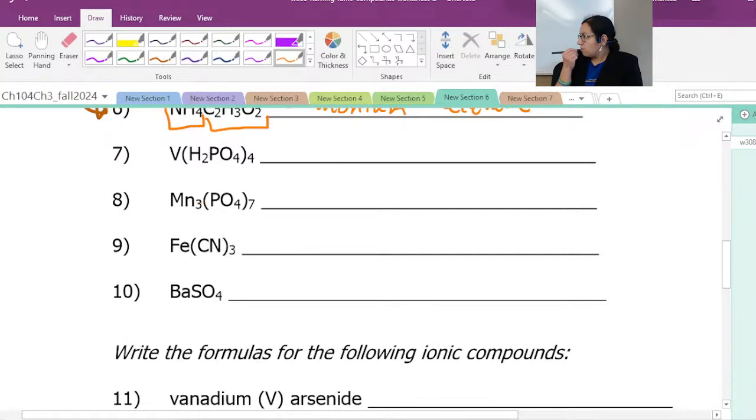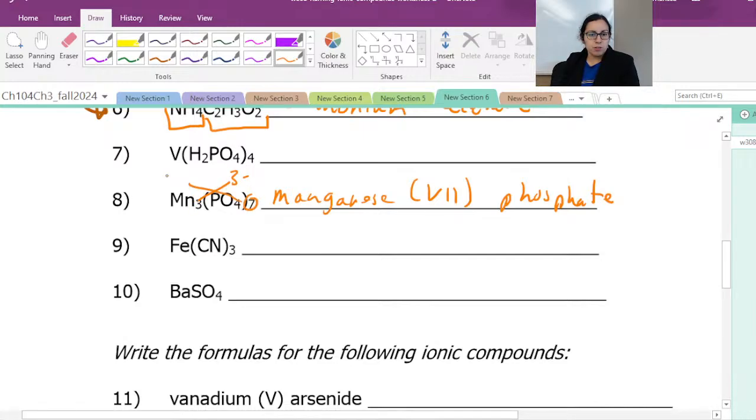Do we get an answer for this one? Yeah, go for it. Yeah, manganese 7 phosphate. So that was another one where the swap trick was pretty useful.